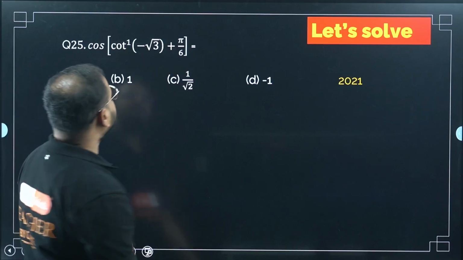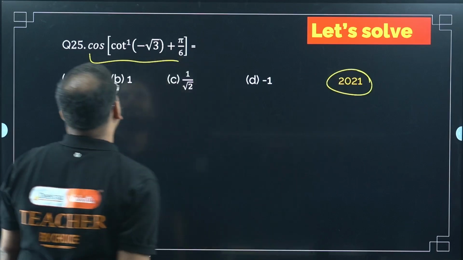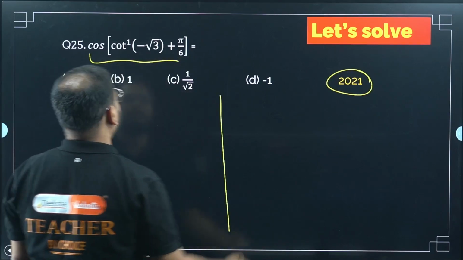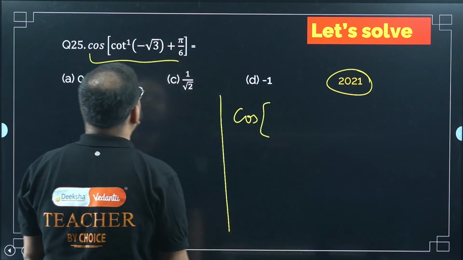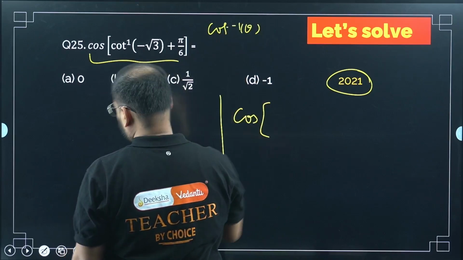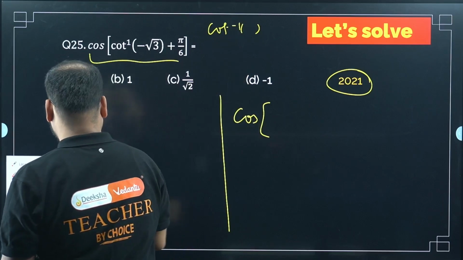Okay. Simple question. This is the simplest question ever asked in 2021. Let's see how this will go. I can do it here only. So this will be cos of... Now what is cot inverse of minus x?